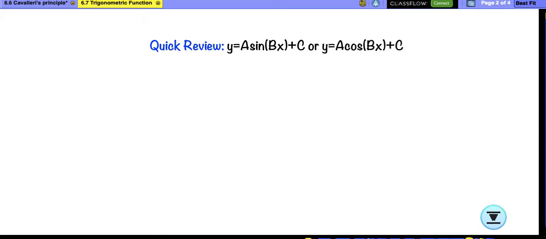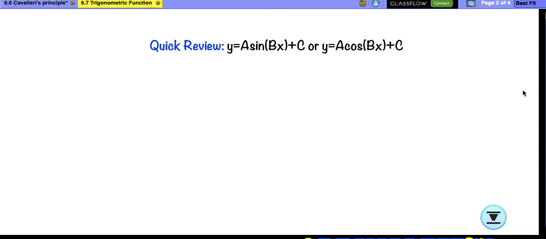Before we start the new topic, I want to quickly review the things we mentioned before: how we use this kind of equation to determine certain values, such as amplitude, period, or midline, to graph this function.